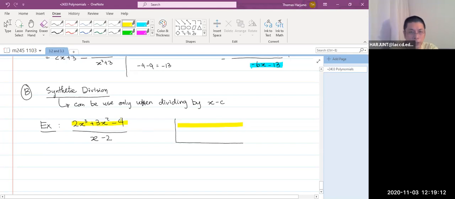The coefficients only, in descending order. So the coefficients in descending order will be 2 for degree of 3, 3 for degree of 2, 0 for degree of 1, negative 4 for degree of 0.